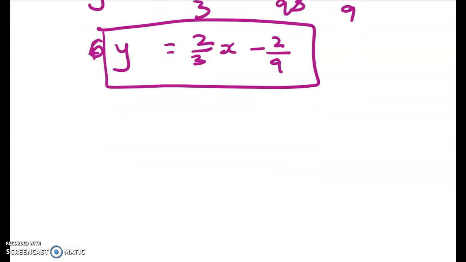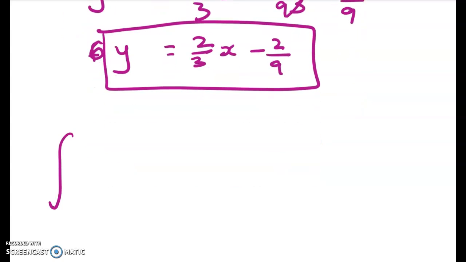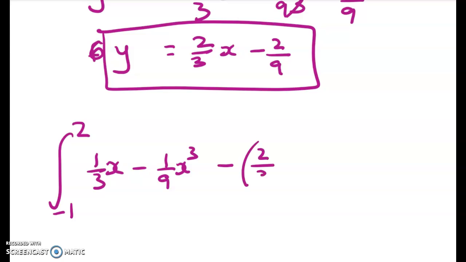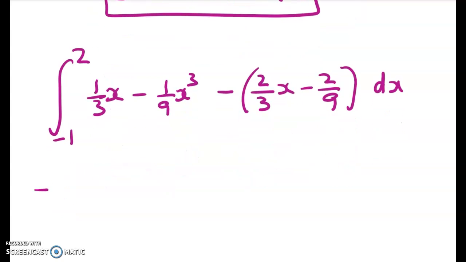So now we're ready to integrate. And the area is going to be the integral from 2 to -1 of the curve, 1/3 x minus 1/9 x cubed, minus the tangent function. So cleaning that up first gives me what?